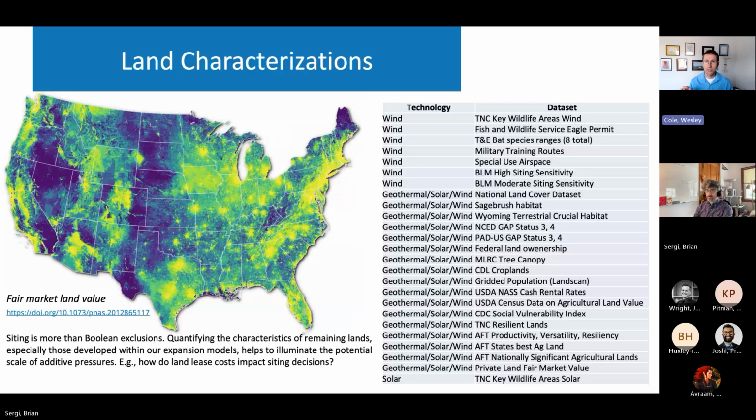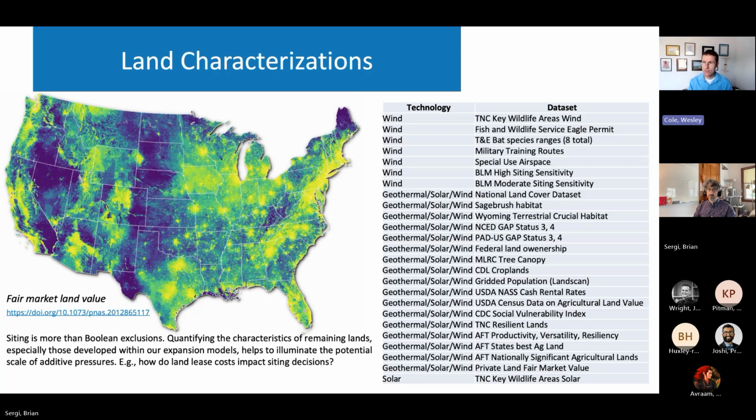So Brian mentioned a variety of characterization things. So we have these exclusion layers. Everything we talked about before was things where we say we're going to allow builds here or not. But then we have other things that don't mean you can or can't build here, but we're going to include them as additional characterization layers so that people who are looking at these could get a better view of what's there.